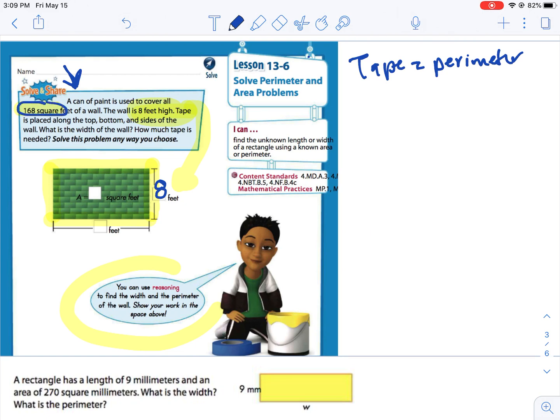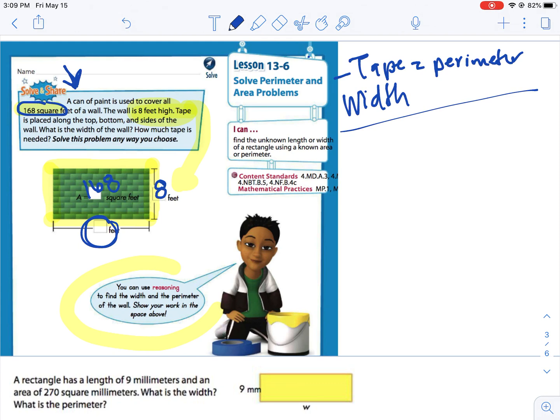And then what is this 168 square feet? Oh, it's the whole wall. So we know the area. We know one side of this, and we're looking for the perimeter, and we're also looking for the width. So these are the things we're looking for.